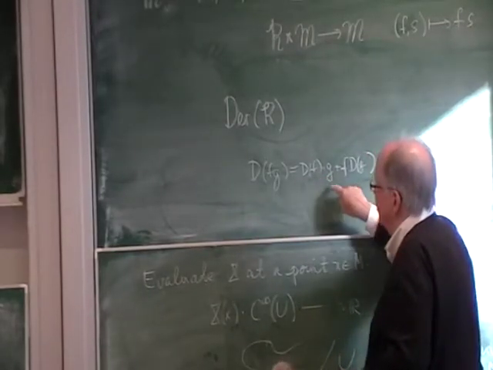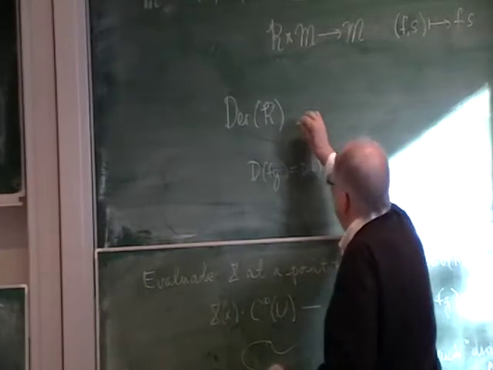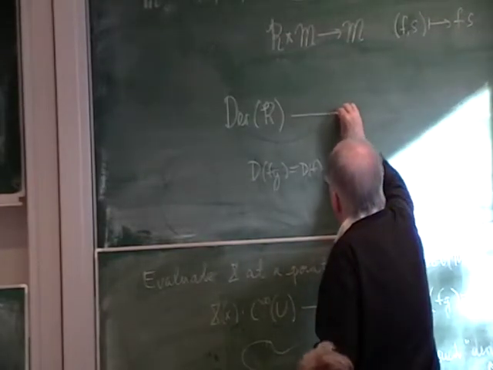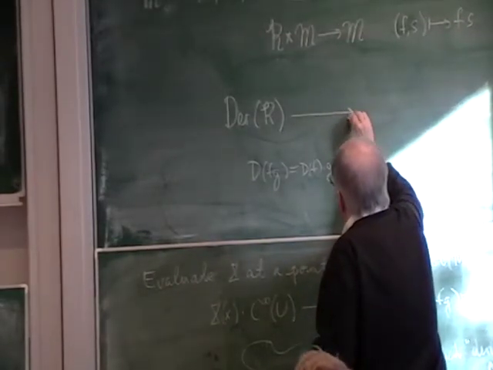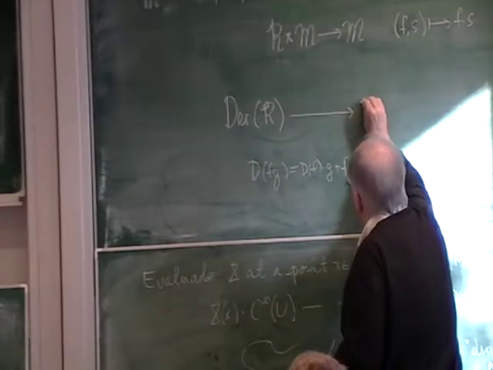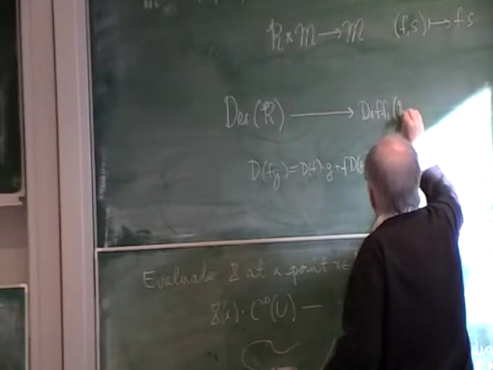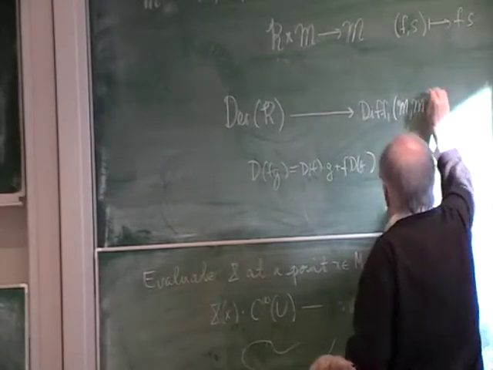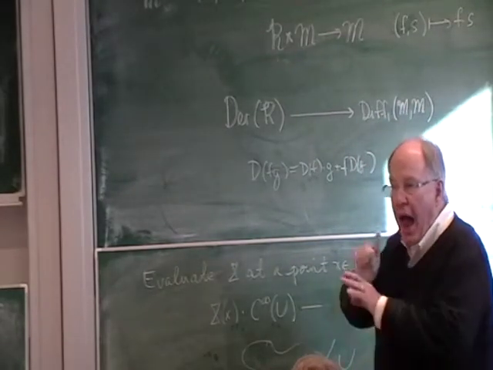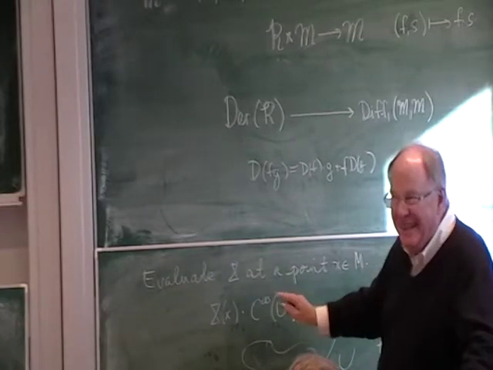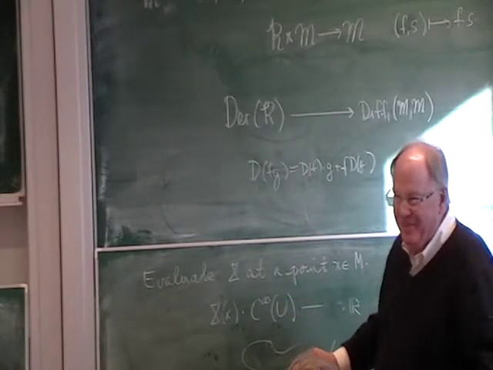So this is the derivation rule. And now, given such a derivation, I want to associate to it a first order differential operator of the module, mapping the module to itself. I'm sorry, I'm being abstract, absolutely intentionally.